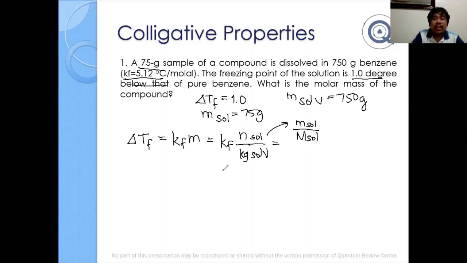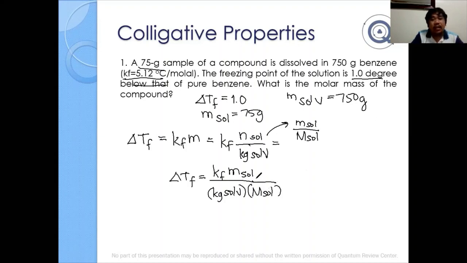So if we rearrange the equation, your delta TF will be equal to KF times the mass of the solute over kilograms of solvent, times the molar mass of the solute. You can derive it, or you can shift-solve directly.